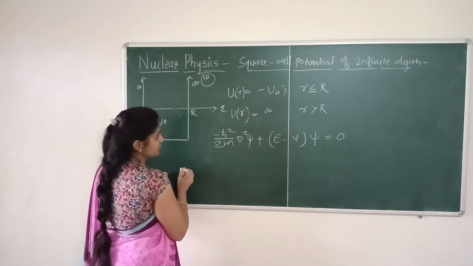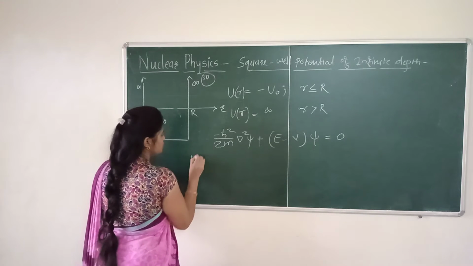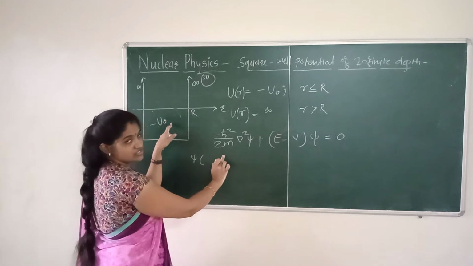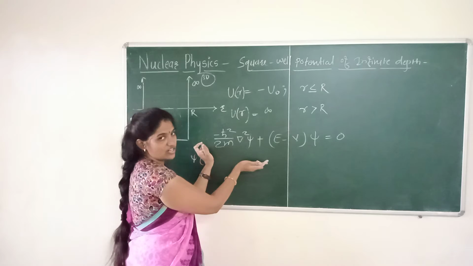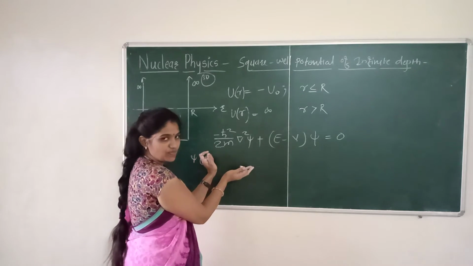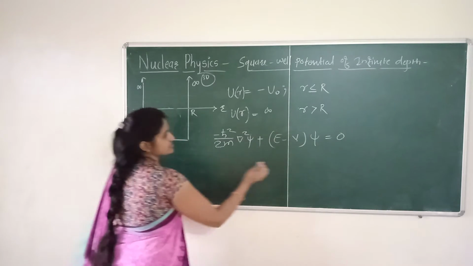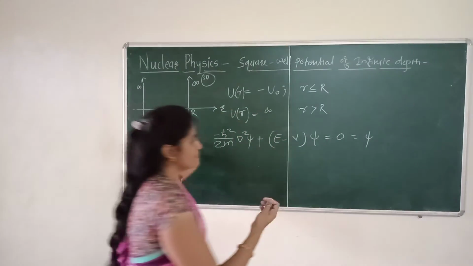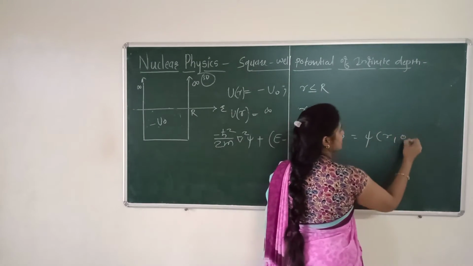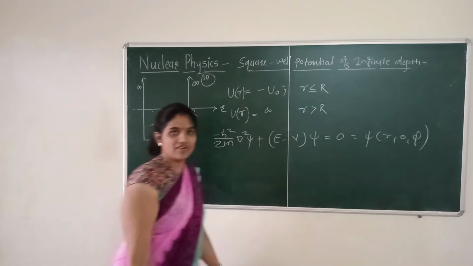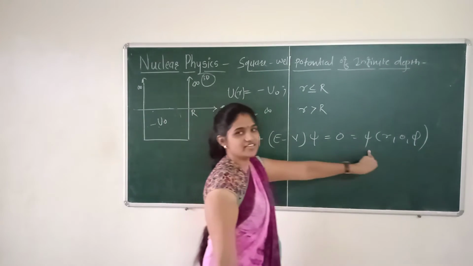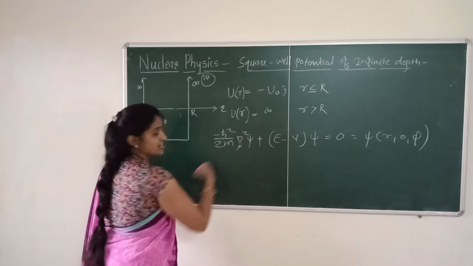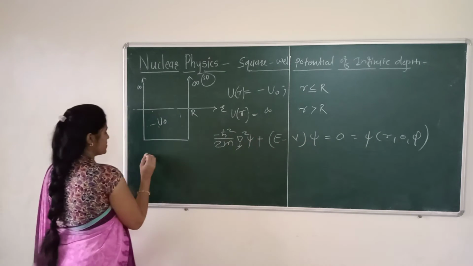Now here we have to find the solution of that equation. This is a second order differential equation, and we have to find psi. This is a 3D problem, so psi should depend on r, theta and phi. Means we have to find psi of r, theta and phi. Now as this is a 3D problem, what is our del square?